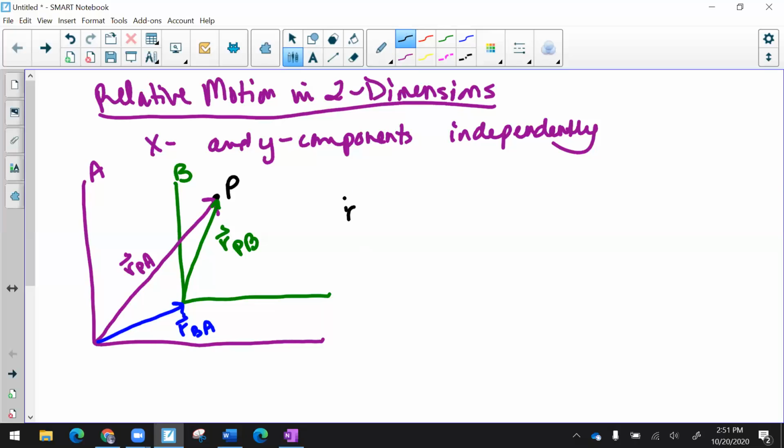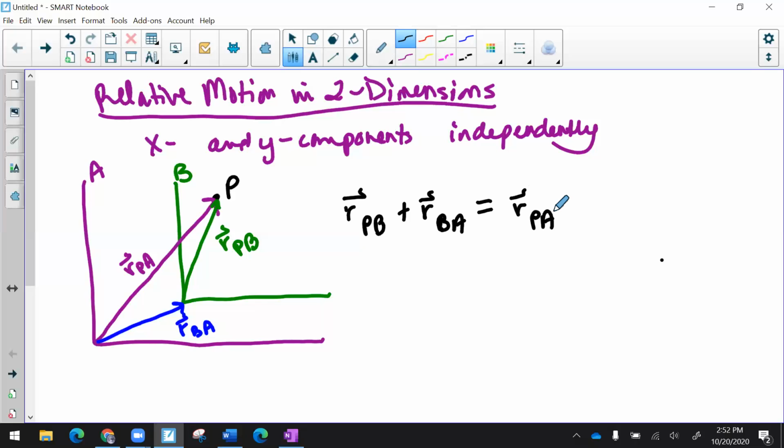So I could say that RPB plus RBA is going to be equal to what the resultant is. And remember that the resultant connects the leftover tail to the leftover tip. So what is that vector that connects my leftover tail to my leftover tip? Lauren? RPA.